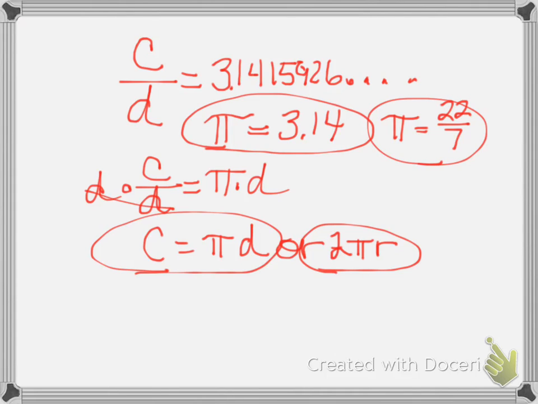So one or the other. Only if they don't tell you specifically to use 3.14, occasionally they might expect you to use the pi button. On that calculator that we are going to use for iLearn, it actually has a pi button. So just be aware if the directions say use 3.14, then obviously you got to use 3.14, okay? Rarely do they really want you to use the pi button.